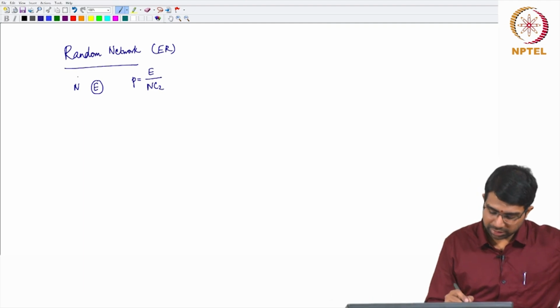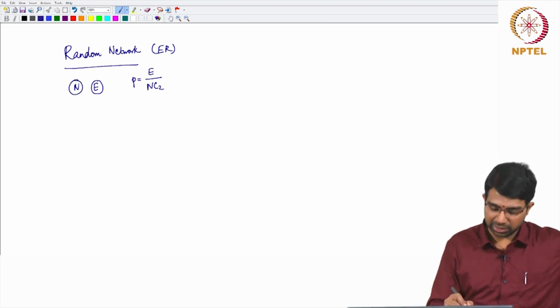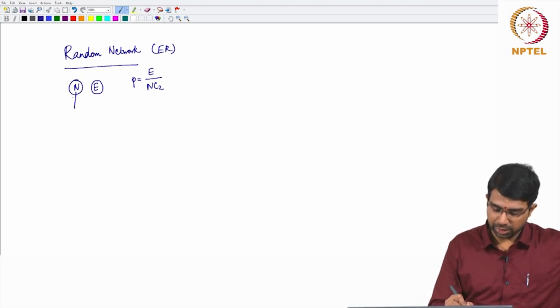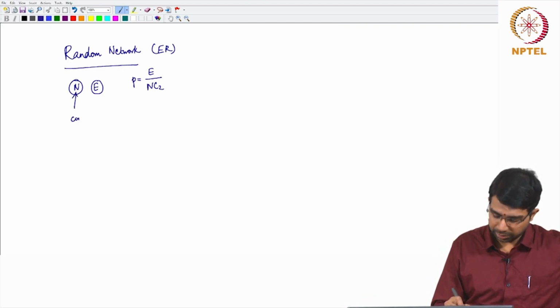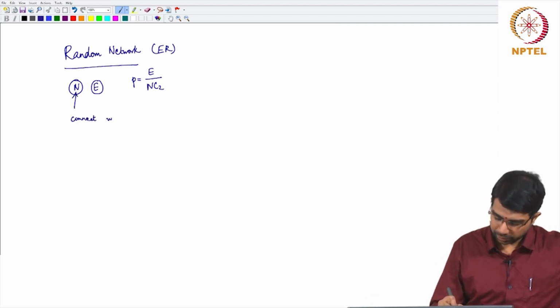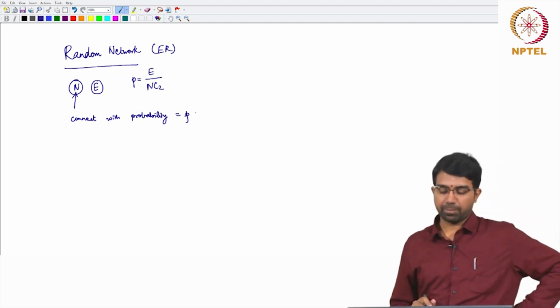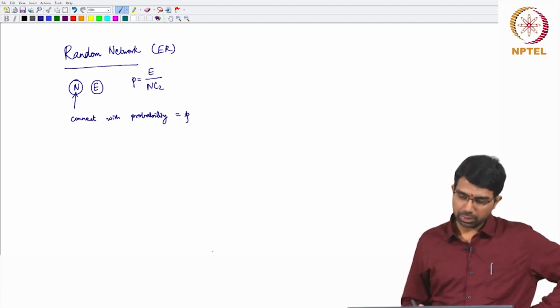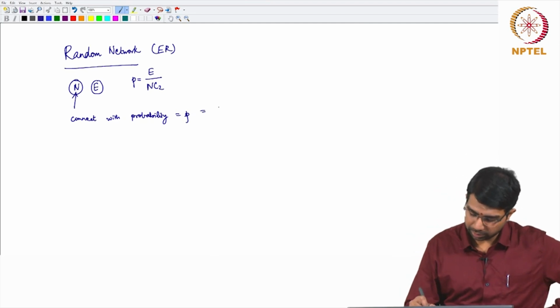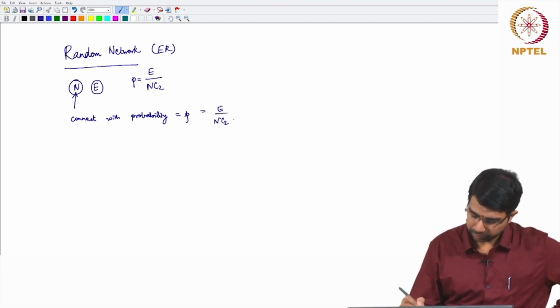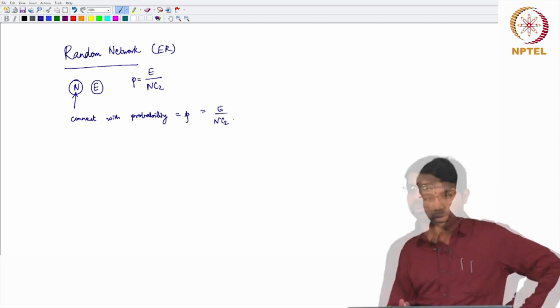So, now I will just keep picking node pairs at random and connect them with probability P, which is basically nothing but E by n choose 2.